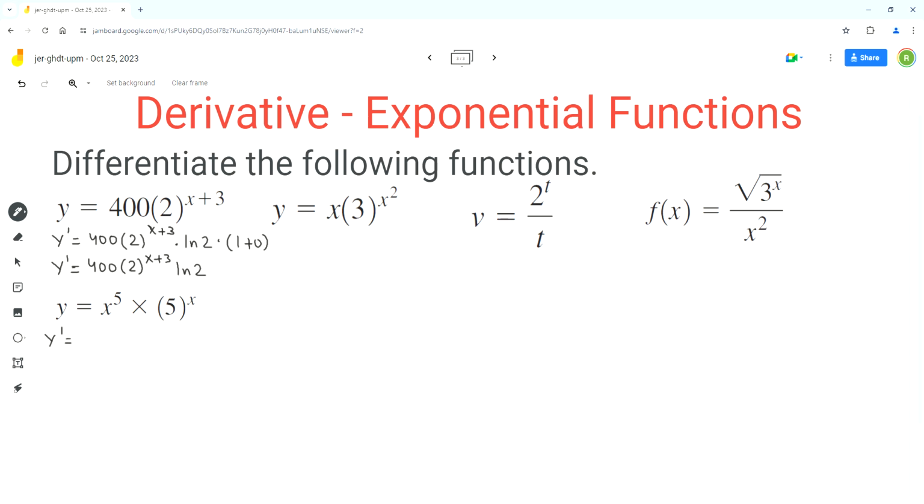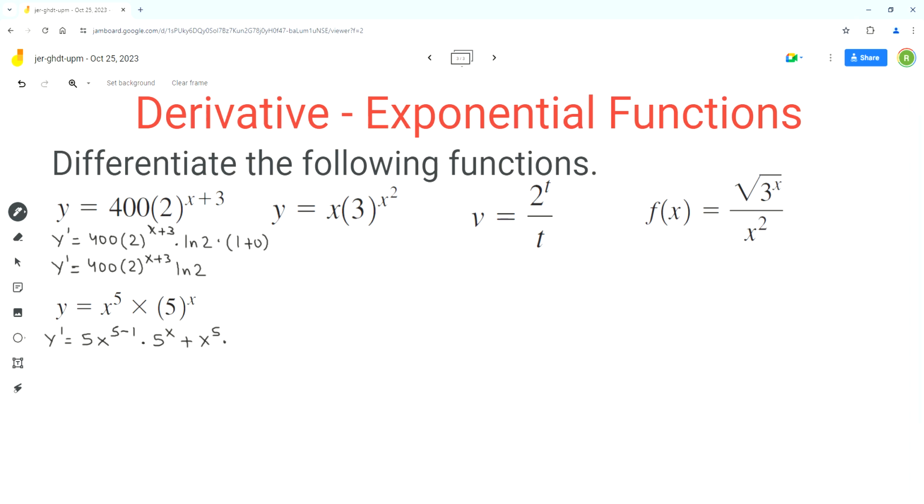we start with the derivative of the first function, and the derivative of x to the power 5 is 5, and then we subtract 1 from 5 in the exponent. This is as per the power rule, times the second function, plus the first function times the derivative of the second function.